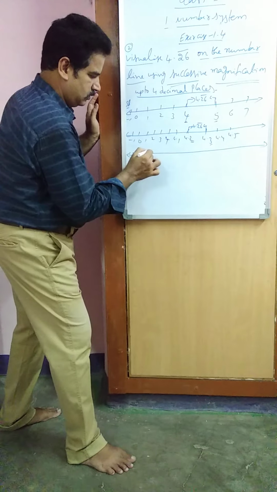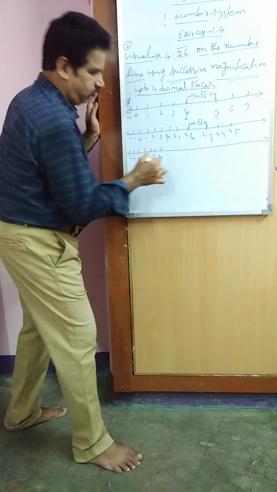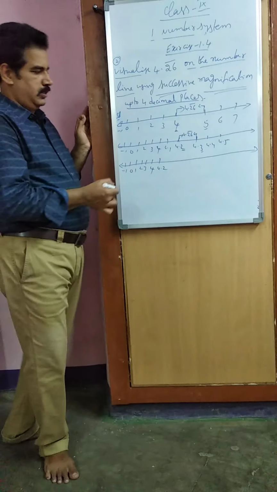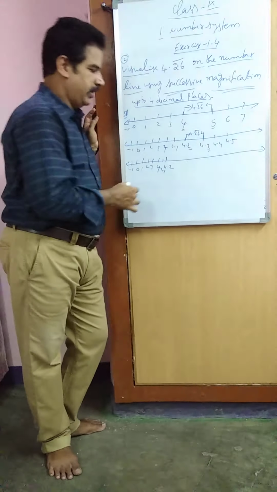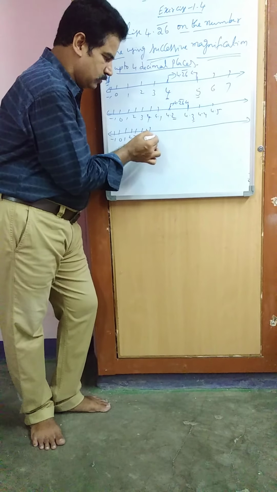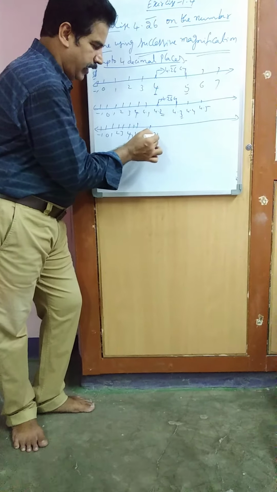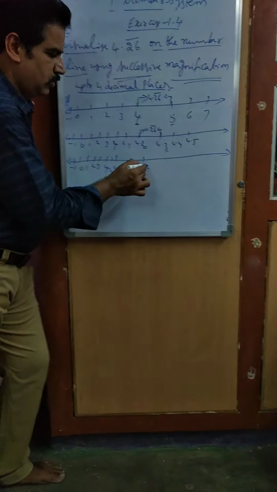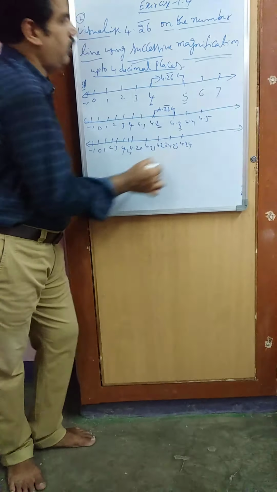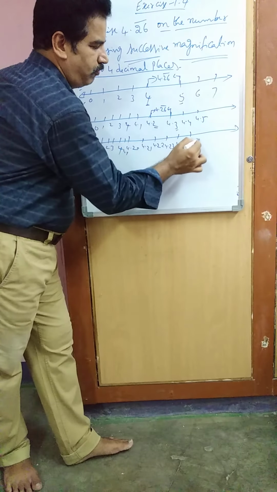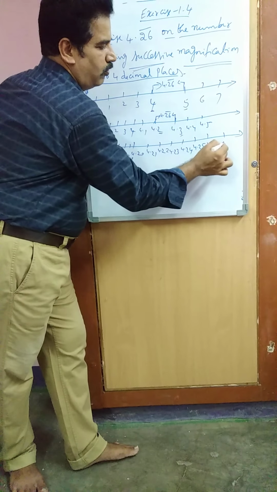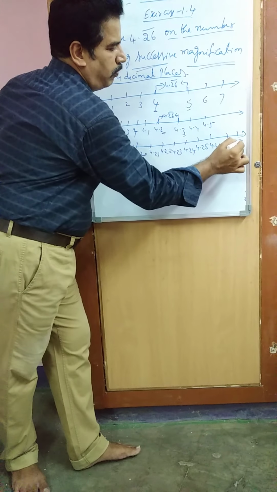Next, 0, 1, 2, 3, 4. Next 4.2. 4.1, 4.2. 4.2 means 4.20, 4.21, 4.22, 4.23, 4.24, 4.25, 4.26 and 4.27, 4.28.